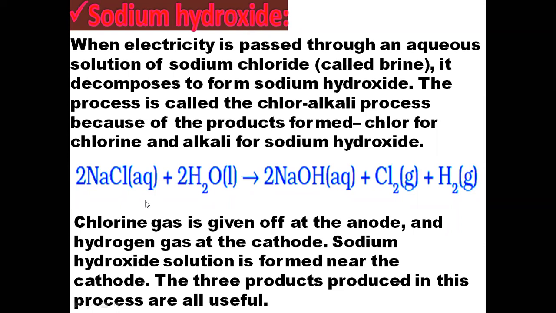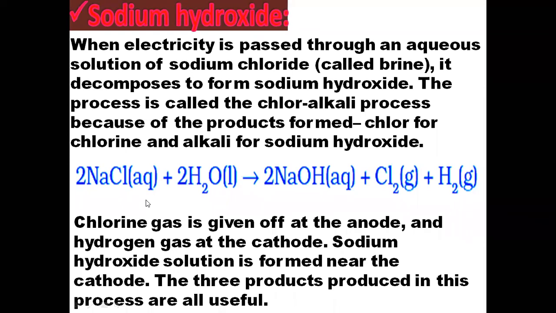See, two things we have in the electrolysis process, one cation, another anion. These are the charges, like Na plus, we have a plus sign with Na, that means sodium. So is it cation or anion?